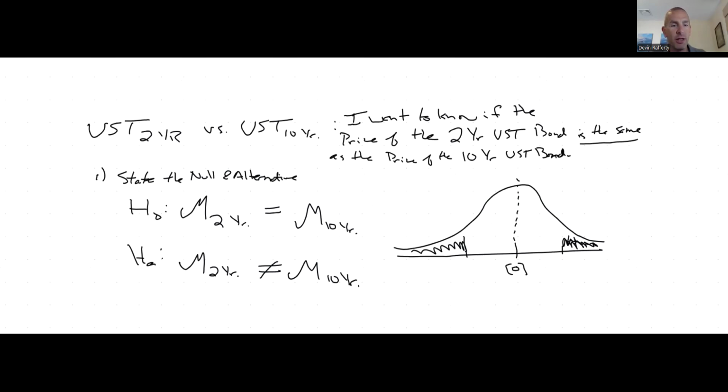So we said the null: 2-year equal to 10-year; alternative: 2-year not equal to 10-year. So we have a two-tailed test. If we have a two-tailed test, that means our critical value was 1.96.